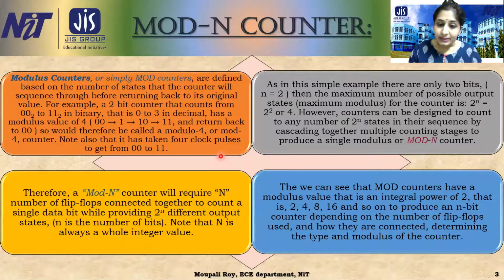So mod counters have a modulus value that is an integral power of 2, 2 to the power n. That means we are getting 2, 4, 8, 16, and so on. The n-bit counter depends on the number of flip-flops used, and how they are connected determines the type of counter we are getting.